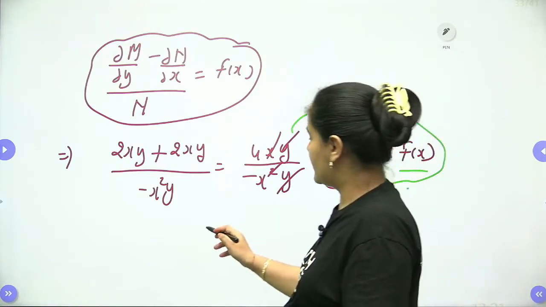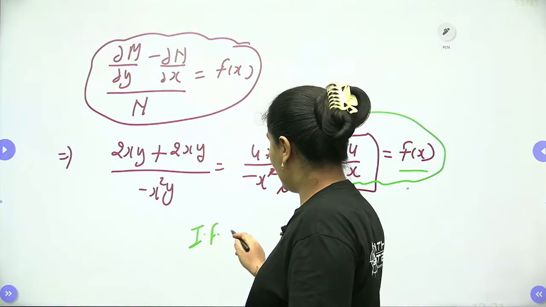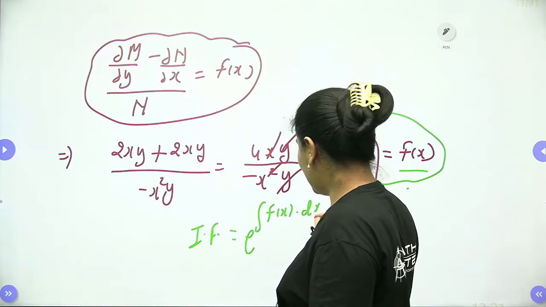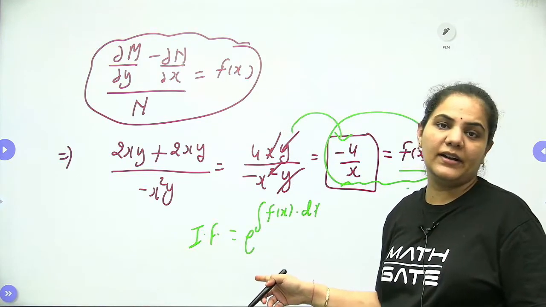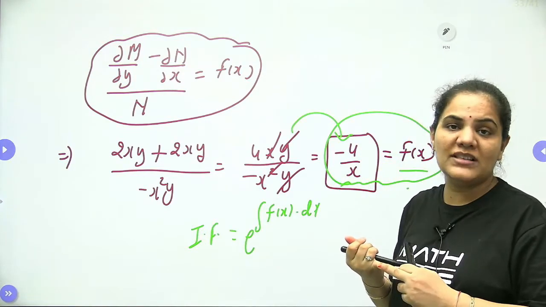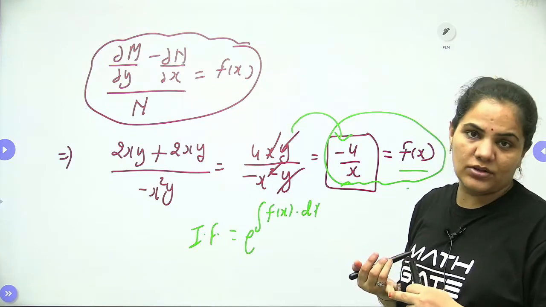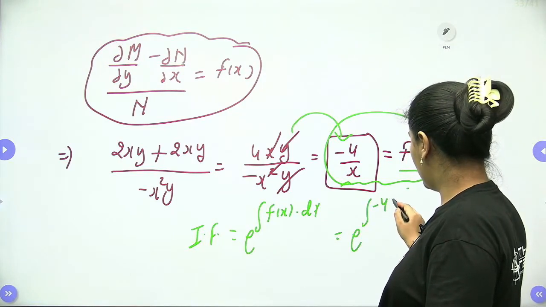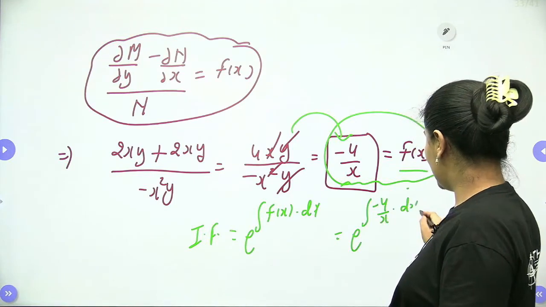When we approach this one, the integrating factor will be like this, e to the power integral of f(x) dx. When we get the final value, this will be the integrating factor. Okay, so here we will always consider the constant terms and the sign also, right? So it will be e to the power integral of minus 4 by x dx, dear students.